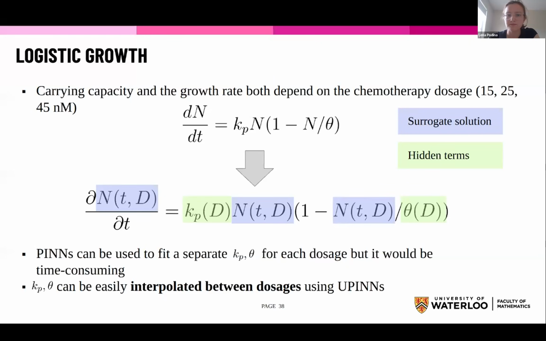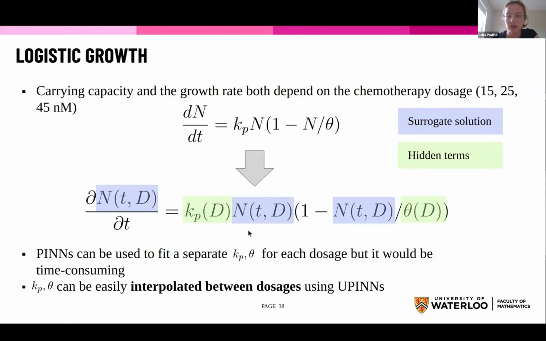So this is, for example, when you give some cells chemotherapy and then after you remove it, the chemotherapy has a delayed effect and reduces the carrying capacity and the growth rate. The way that we modeled this was in a PDE-like approach, where n is now a function of time and dosage.